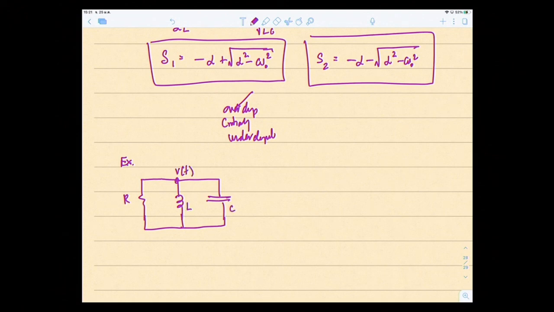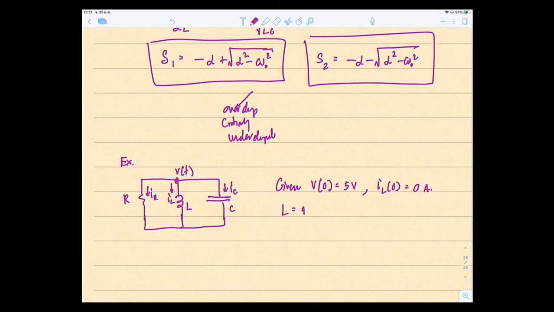Given V at 0 is equal to 5 volts, IL at 0 equal to 0 amp, as the initial values for these two.